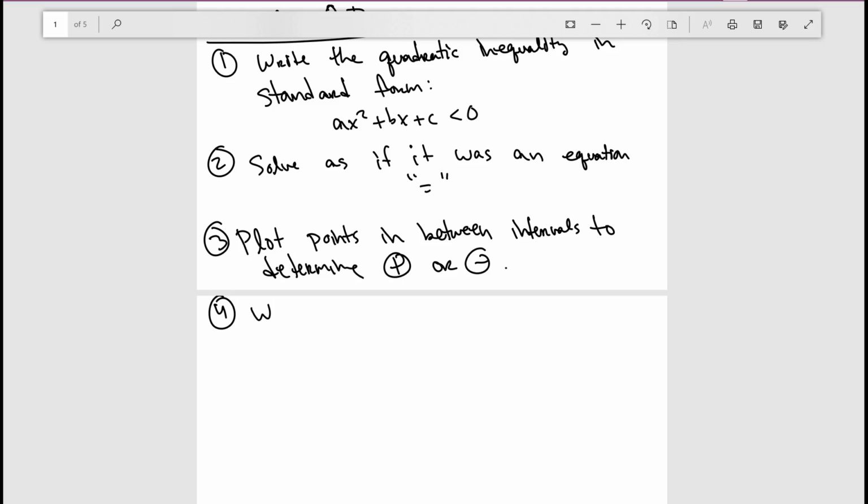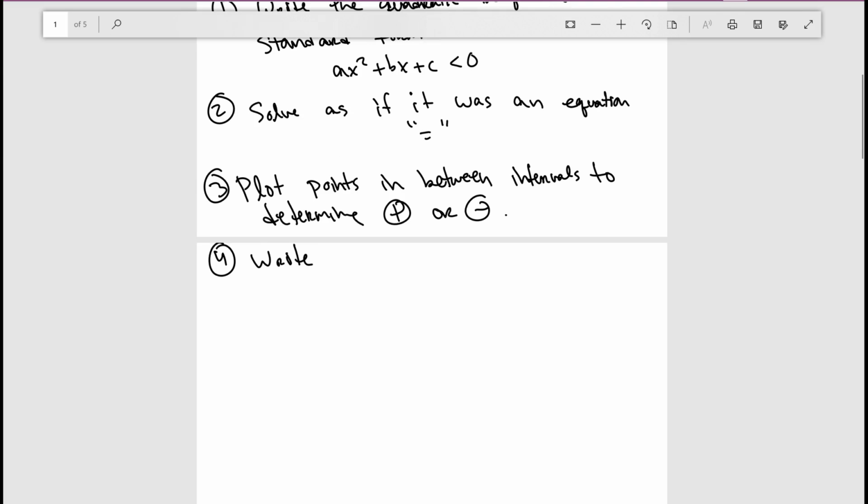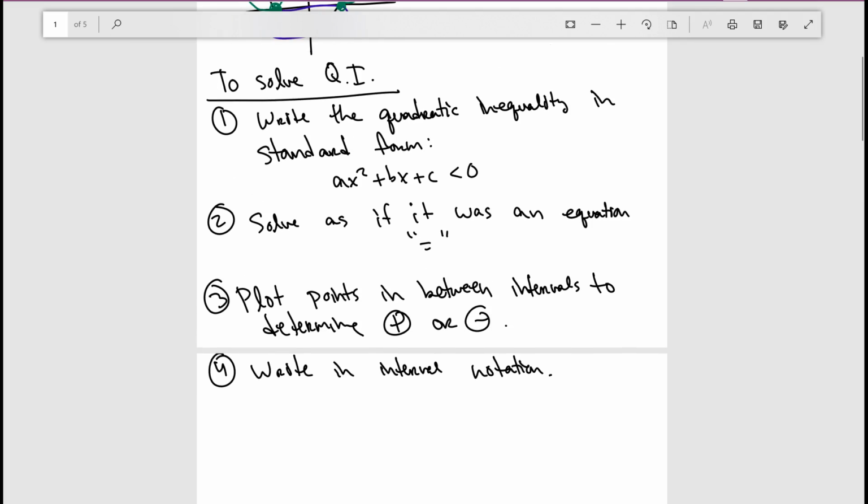And then just write in interval notation. So hopefully you did not forget about interval notation. Okay. So right after you solve these or wrote all of this down, we'll start doing some problems.